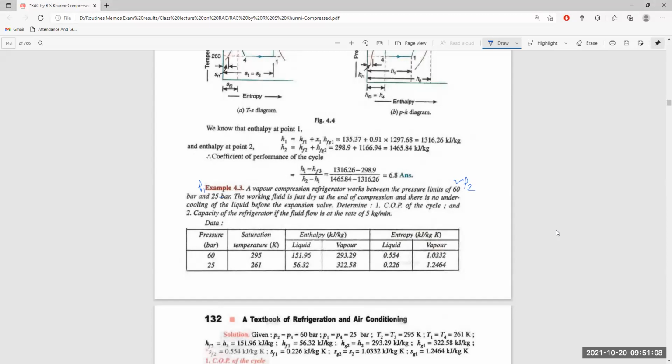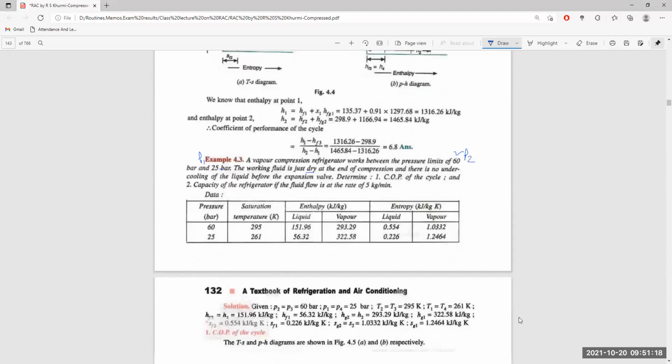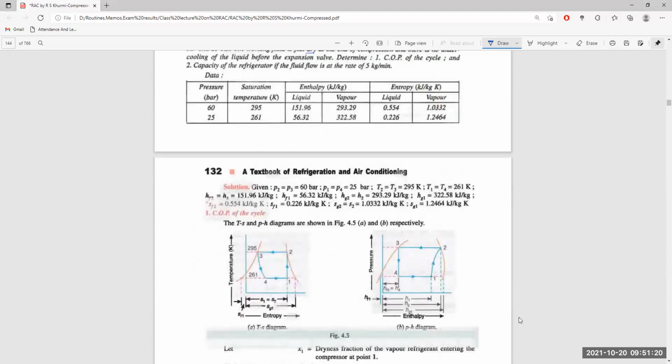So what condition is given? It is just dry at the end of compression, which means this is the end of compression at point 2. It is just on the vapor line here.